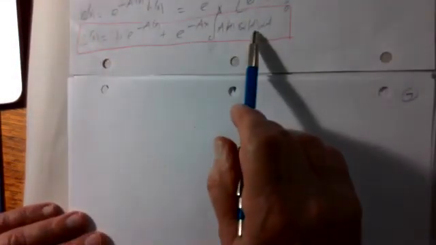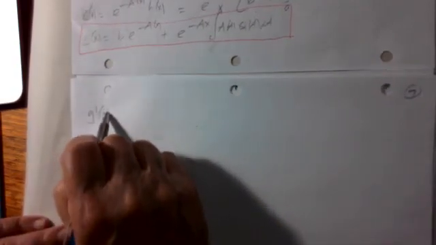Let's check that it is a solution. So here, let me move it down. Here is g of x. Let me differentiate. What is g prime of x?